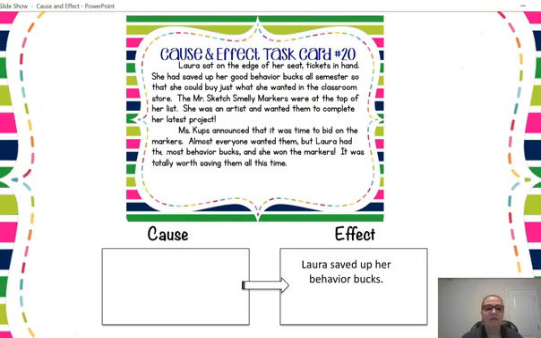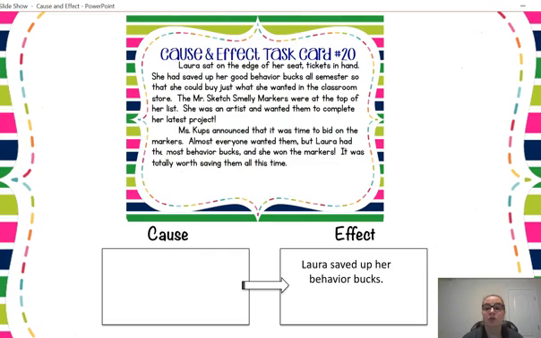Okay, so let's look at our first cause and effect relationship. We already have the effect filled in. Laura saved up her behavior bucks. So we want to fill in the cause. What made Laura save up her behavior bucks? Well, it says in that first paragraph, she had saved up her good behavior bucks all semester so that she could buy just what she wanted in the classroom store.